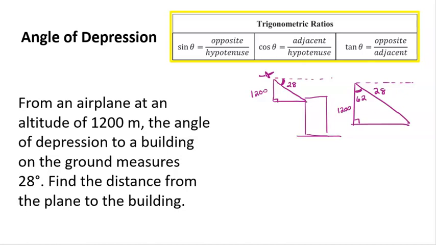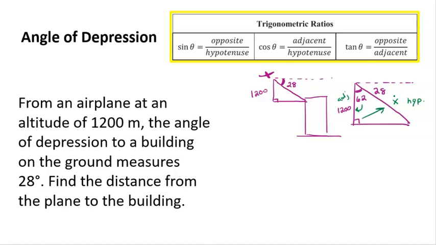Either way, even if you took your triangle all the way down to the ground, it would still give you the same results. And so this angle is going to be 62. We've got 1,200. And then it says find the distance from the plane to the building. And so that's going to be this here. And so that is our hypotenuse. And this is our adjacent.